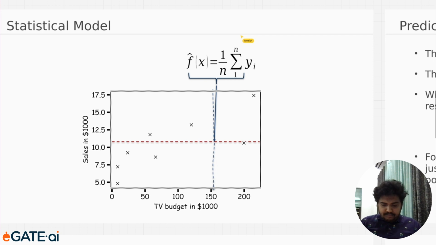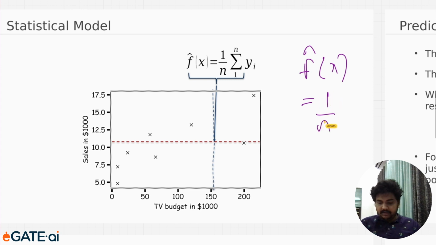Then maybe, for estimating my f hat, I'm saying that it's nothing but the mean. So it's 1 by n sigma 1 by n y i, where n are my observations.